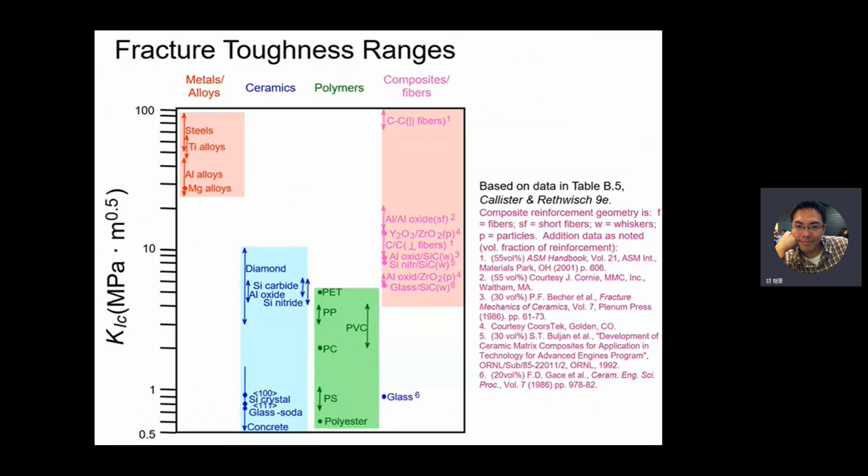Okay, let's compare the fracture toughness range. We have 4 types of materials: metal, ceramics, plastic, and composites. From this table, you can figure out that ceramics and polymers have the lower fracture toughness, and metal and composite have the higher fracture toughness.